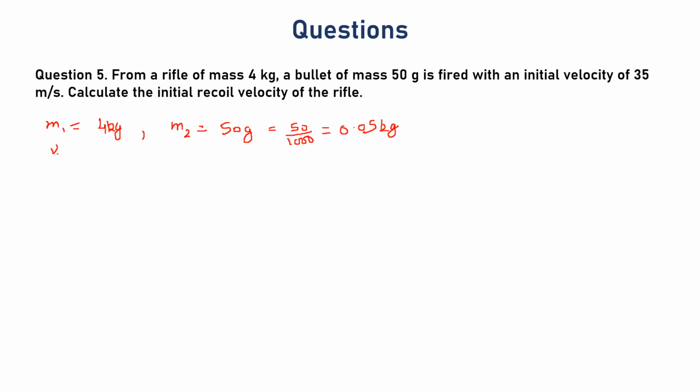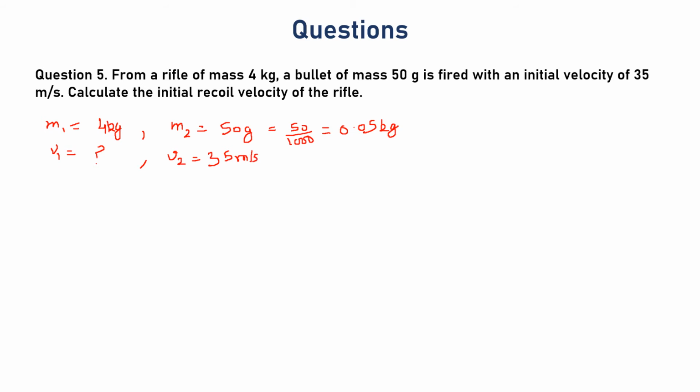We have to find V1, the recoil velocity, so just put a question mark over here. Then what is the velocity of the bullet? That is V2. Velocity of the bullet is 35 meter per second. Children, I want you all to do the calculation very fast.